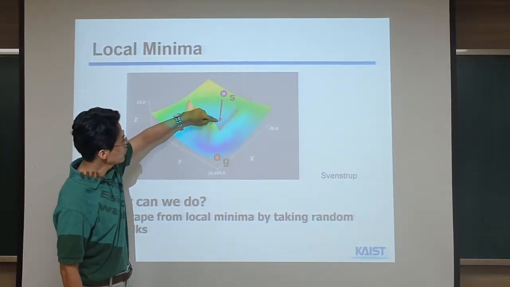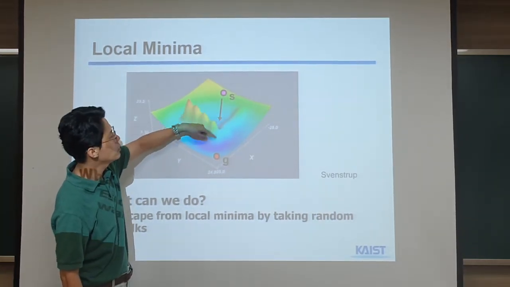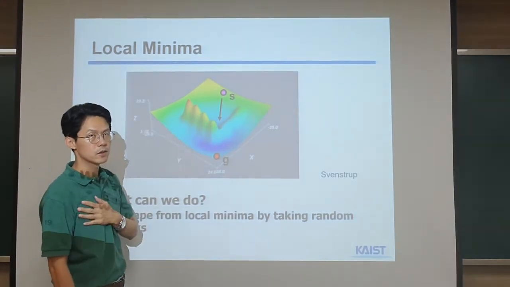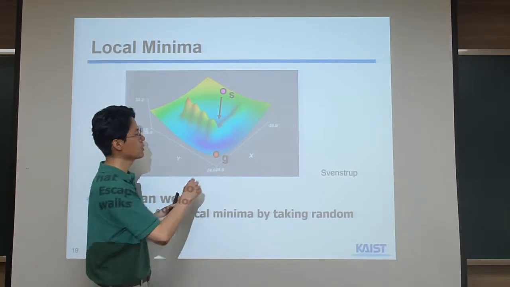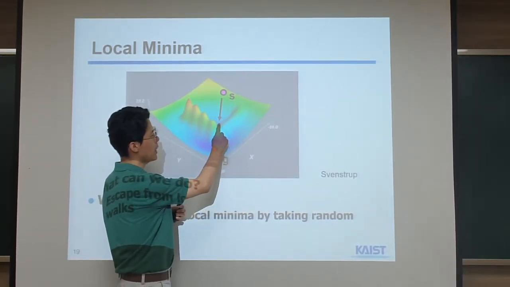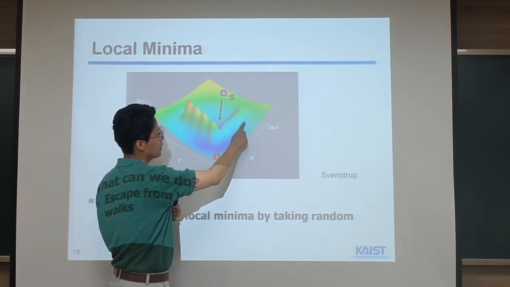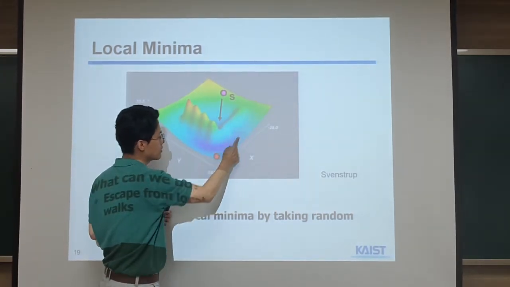But once we reach there, we cannot overcome this high potential. To reach the goal, we should find the path that circumvents this high potential, in other words, getting out of this local minima and finding the path, right?